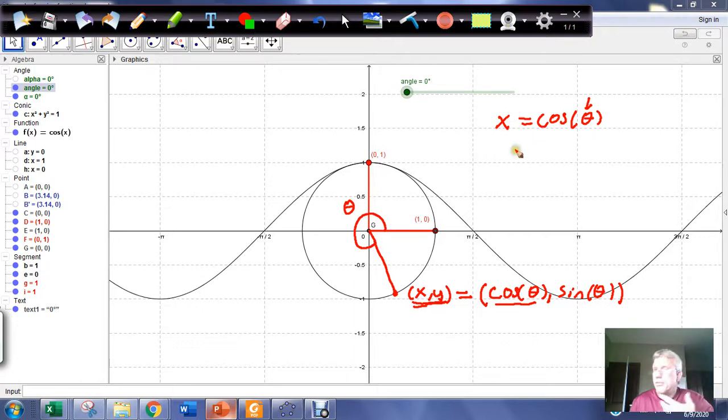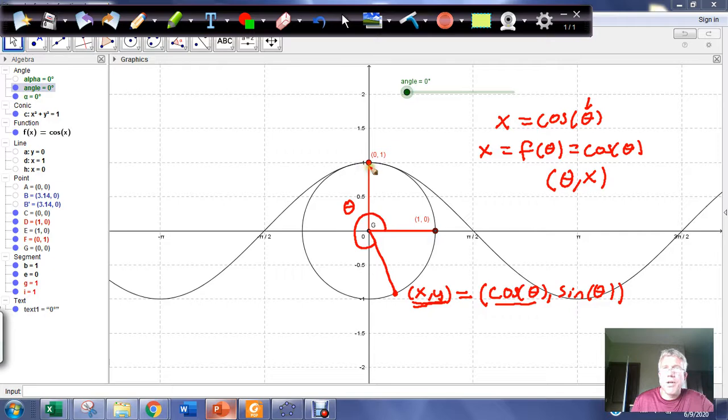So in function world then, if x is the output of the cosine of theta, if I describe the cosine of theta using function notation, f of theta equals cosine theta, I want to recognize that x is the output to the function. So the cosine function is really generating ordered pairs: input theta, output the x coordinate that is generated when we sweep through an angle of theta around the unit circle.